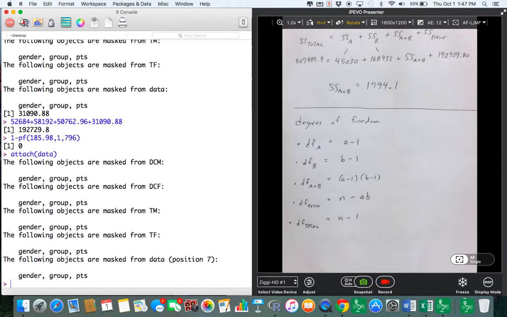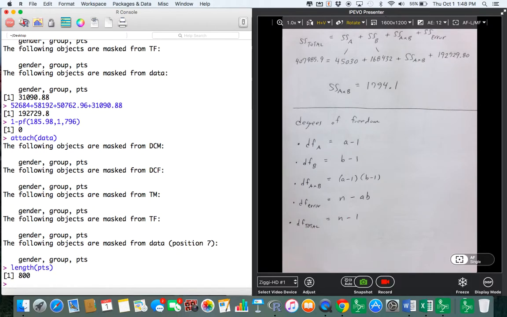So I need to attach data, so make sure I've got all 800 subjects and not just one of my 4 data frames. And what I always do is take one of the variables, points, whatever it is, and just do the length of it, just to make sure that R is seeing all 800 subjects here and not just a subset of 200 of those.